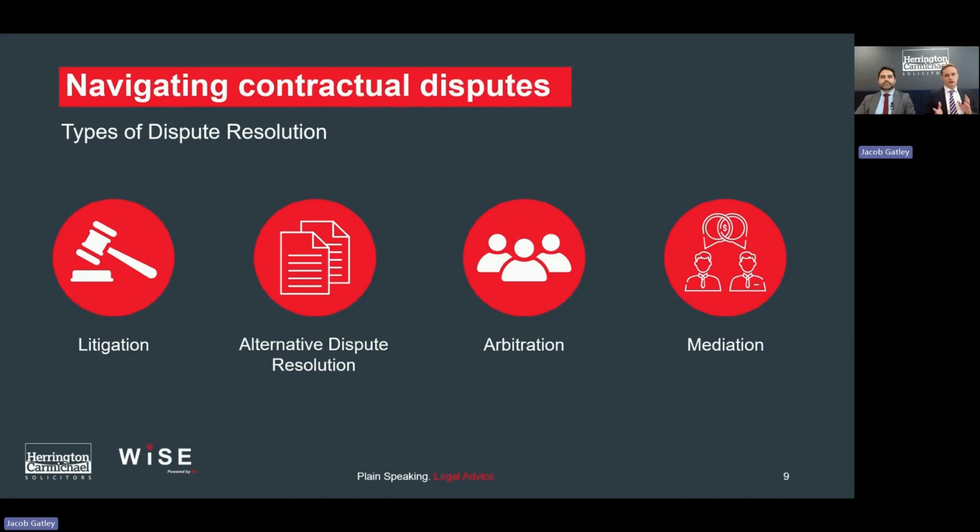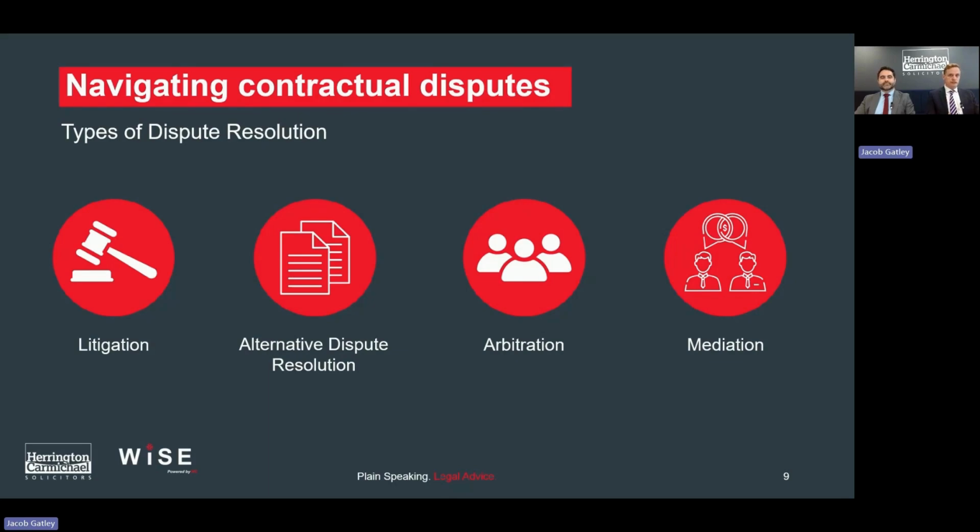Of course, we don't go to trial very often. We try and settle all disputes. I think 95% of disputes are settled before you get to trial. And we're always very conscious of the costs. So we always try to explain to you what the cost liability is of each stage, so you can budget for the legal fees you are incurring, and try and give you some control over that.